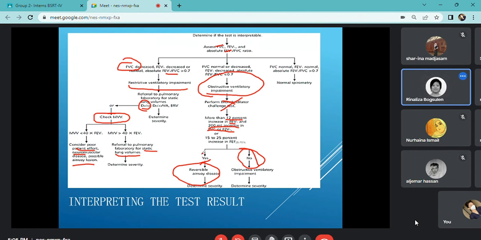Okay? Pag wala, then it means irreversible ang kanyang airway obstruction. Okay? Maliwanag po. Is it clear? Okay.